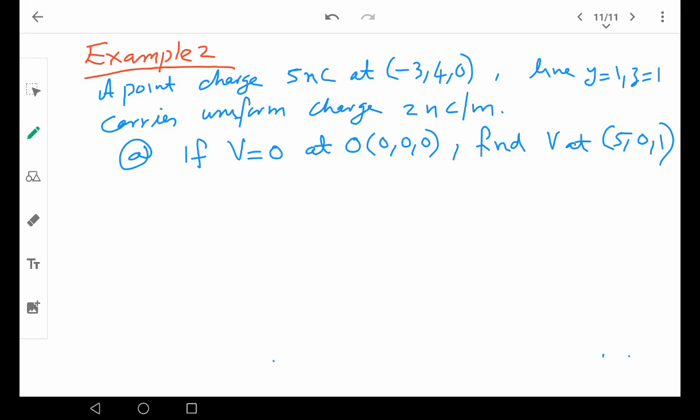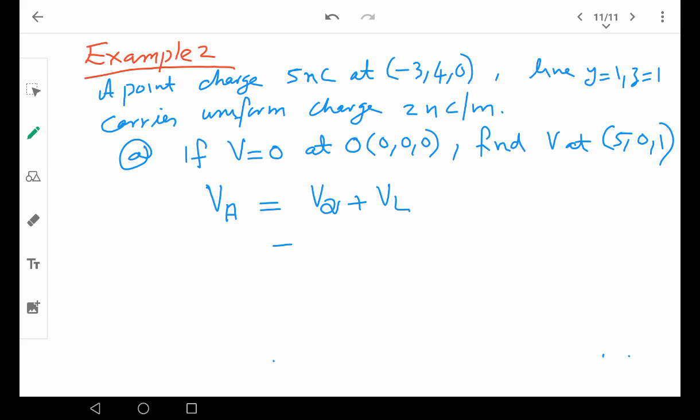So the total potential is due to the point charge as well as the line charge. So you can write V A equal to V Q plus V L, and you have some constants.